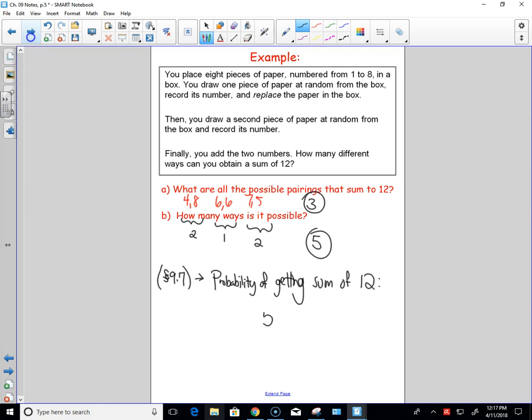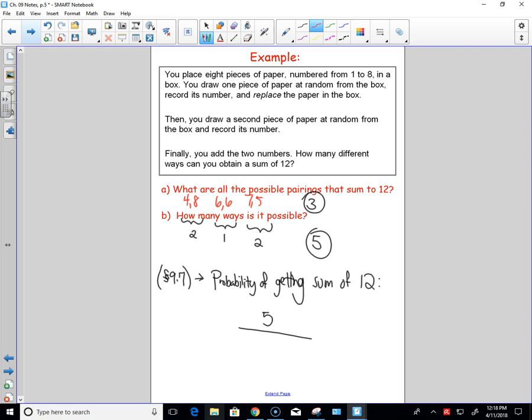Now we have to take that 5, and then we'd have to say, what do I put it over? 5 is how many ways this can actually happen. Over, well, what are all the different ways of picking two numbers? We would call that the sample space in section 9.7, but we'd say, okay, how many different ways can you pick two numbers?